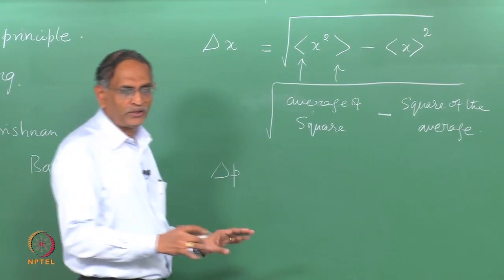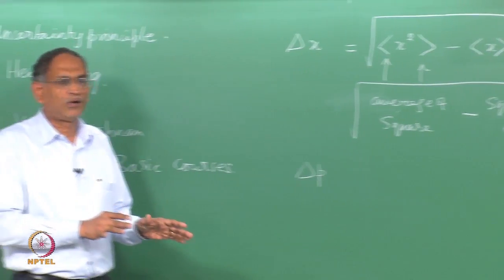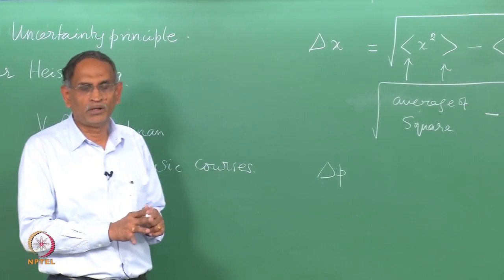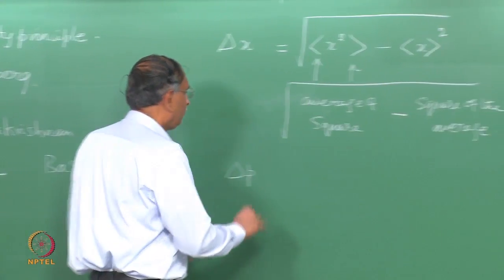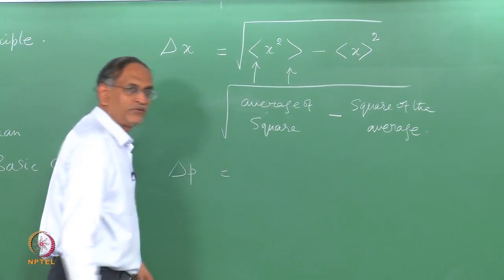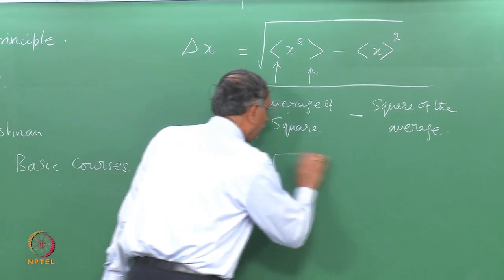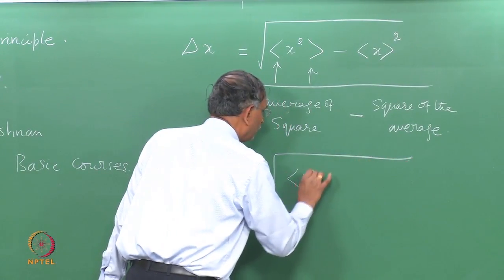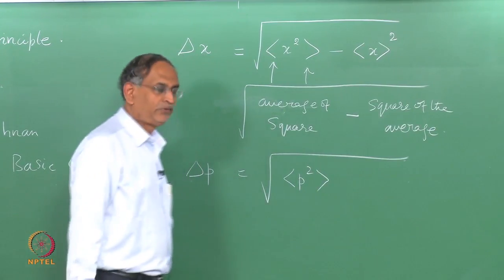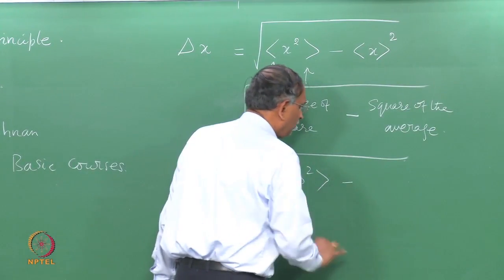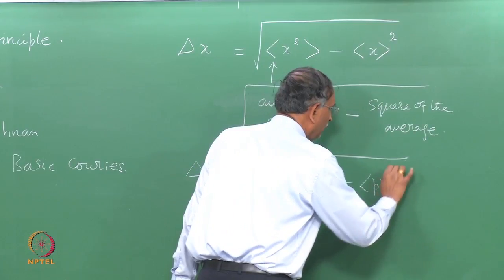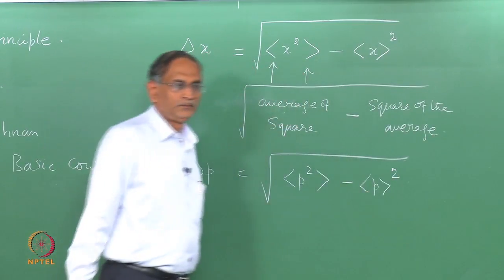I have introduced this in a separate account. I might tell you how this formula comes about and so on, but let us just introduce these things as defined in textbooks. The delta p is again the average of the square of the momentum minus the momentum squared.